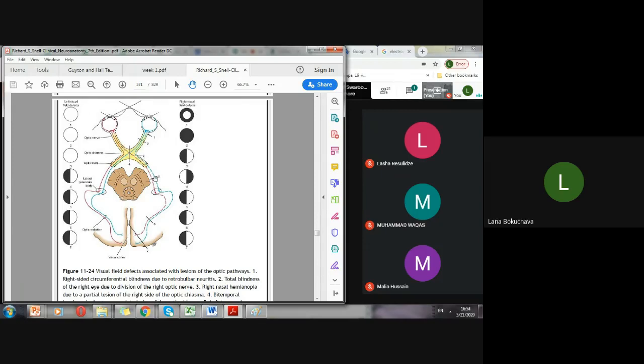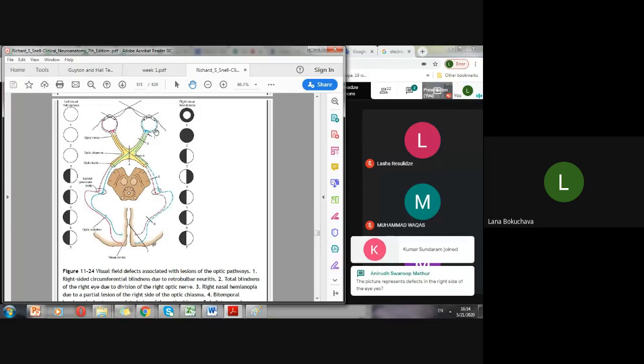After the optic chiasma, on one side, which is, for example, in this case, as you see, the right side, so in the case of optic tract injury, optic radiation injury, visual cortex injury, doesn't matter, in all of these cases, what do we have? We do have the nerve fibers which are coming from both of the eyes. Because, as you can see, the picture represents the right eye.